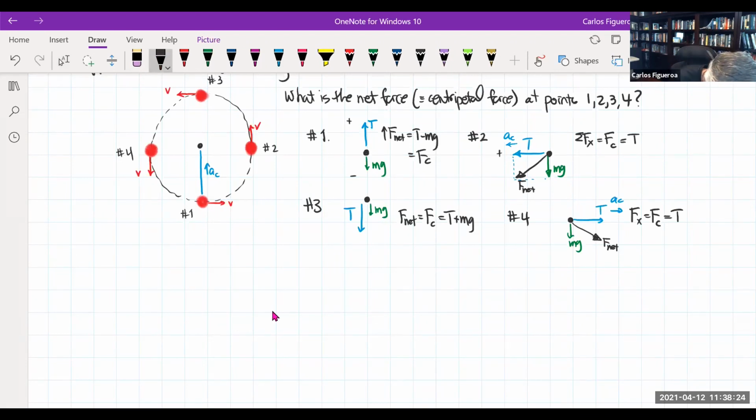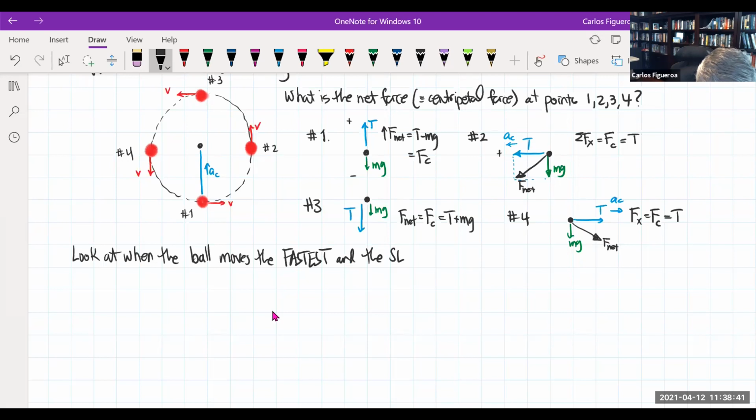So now I want to look at when the ball moves the fastest and the slowest. So if I look at my equations, the only 2 points that I really have to pay attention to is point 1 and point 3.